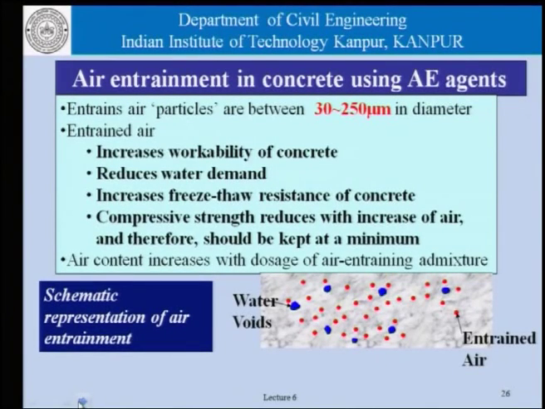Now, taking a closer look at the air entrainment in concrete using air entraining agents, these particles are in the range of about 30 to 250 micrometers in diameter, and they sit in a concrete matrix much the way these red dots are shown, and there are water voids which are all over the place and so on.